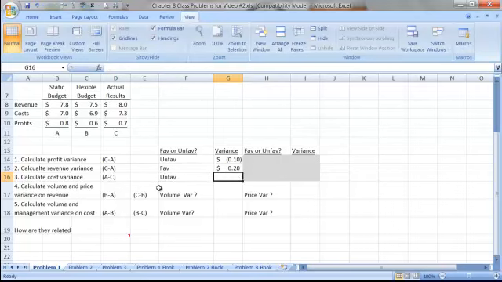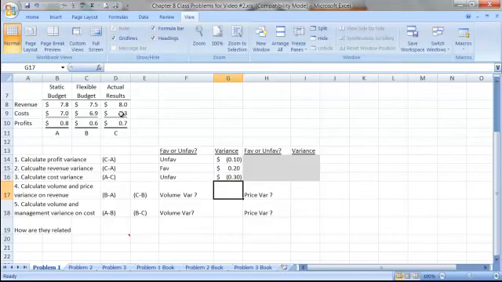And now unfavorable are always in brackets. It's negative. Now you'll notice that we have to take, if we look at the costs, we have to take the static budget cost this time minus our actual result to get our unfavorable balance.